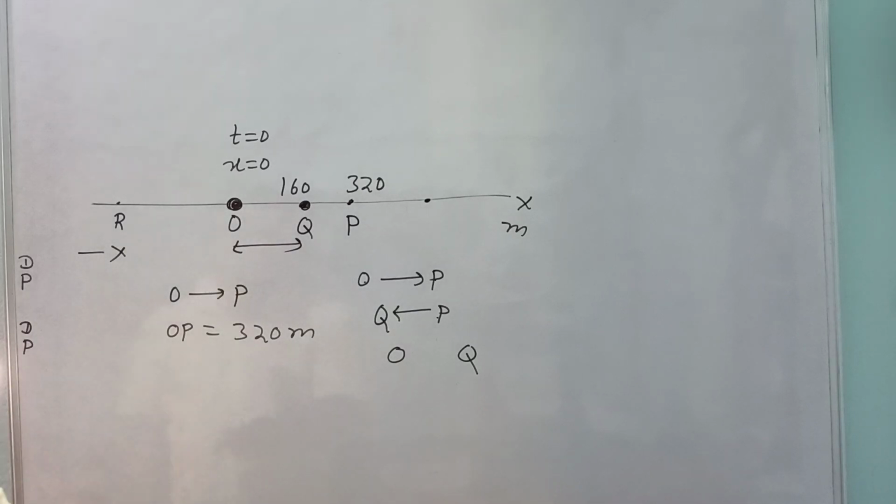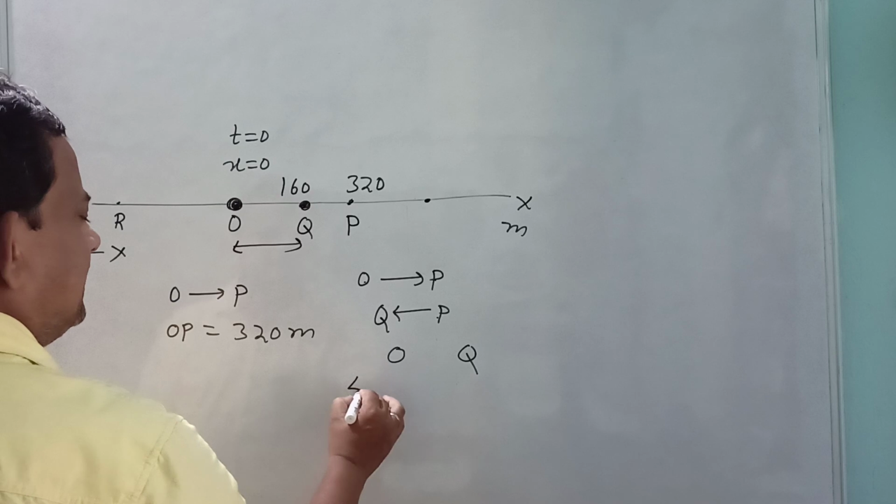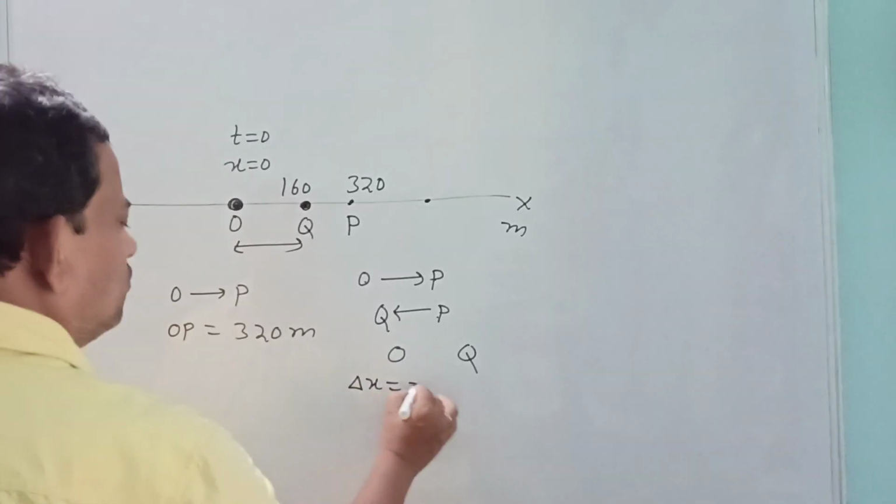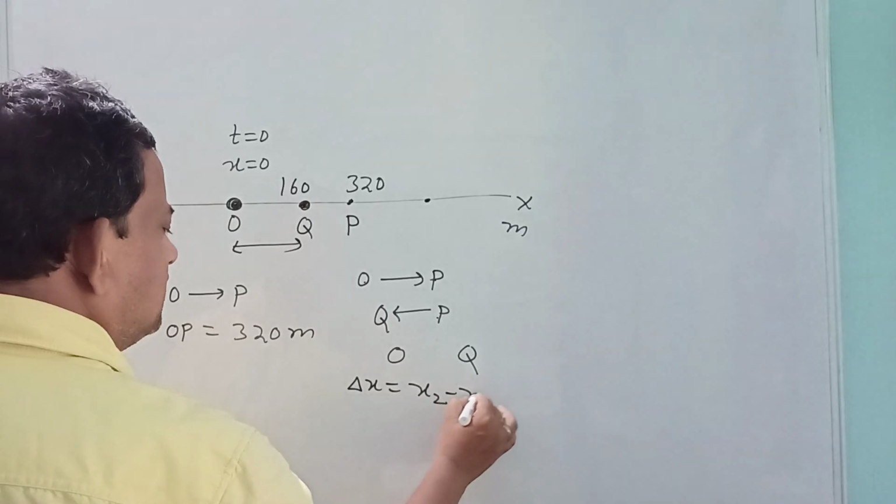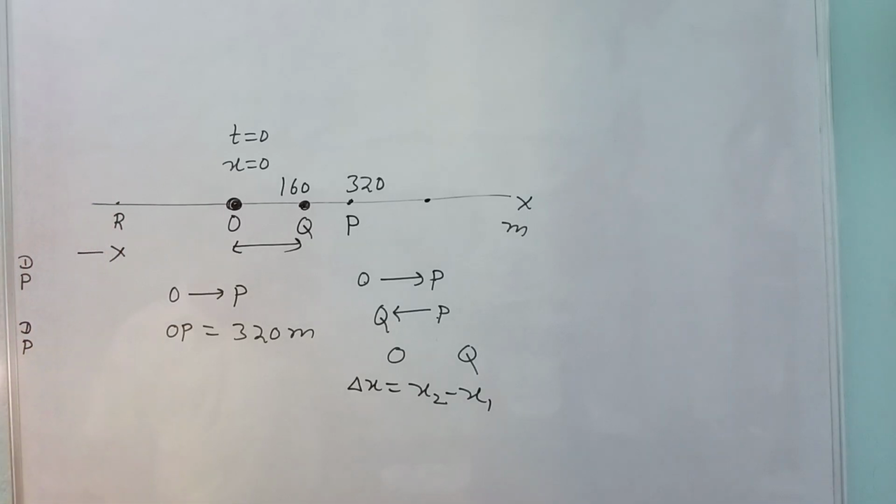That shortest path can be found out as delta x is equal to x2 minus x1. What is x1? What is x2? x1 is the position of an object at time t1. x2 is the position of an object at time t2.